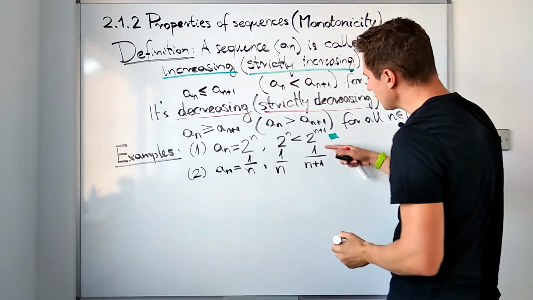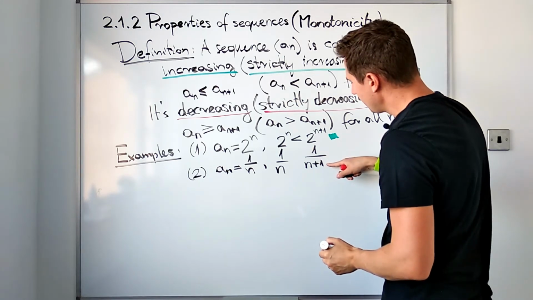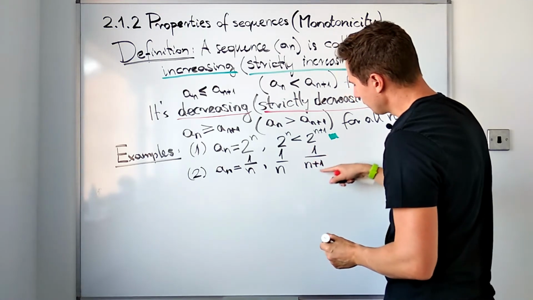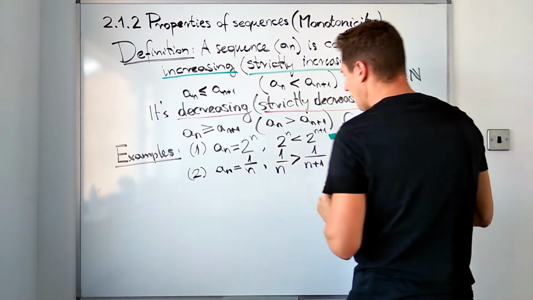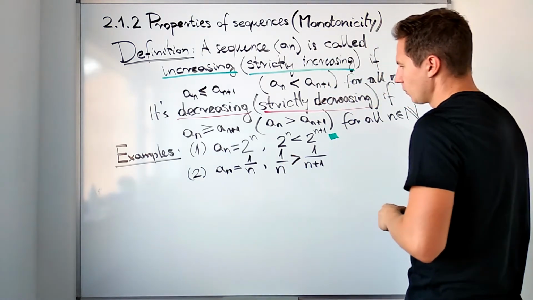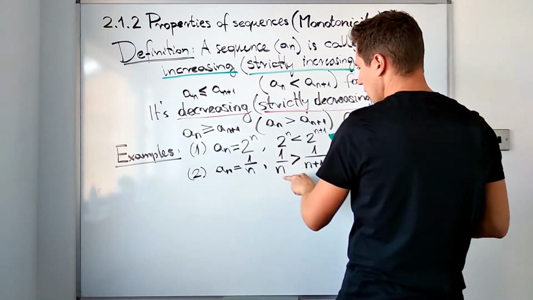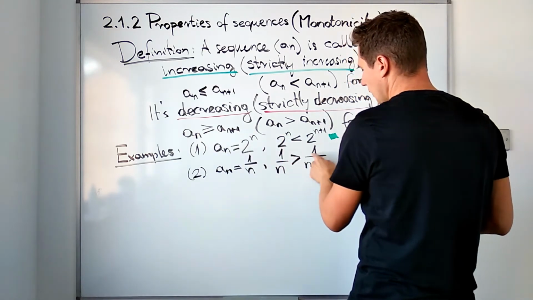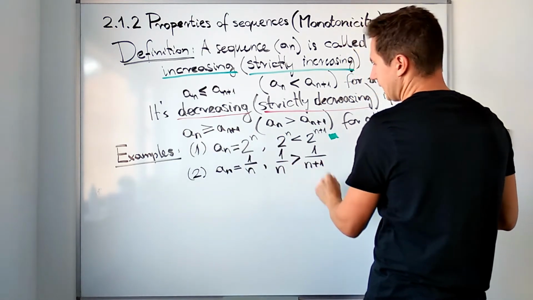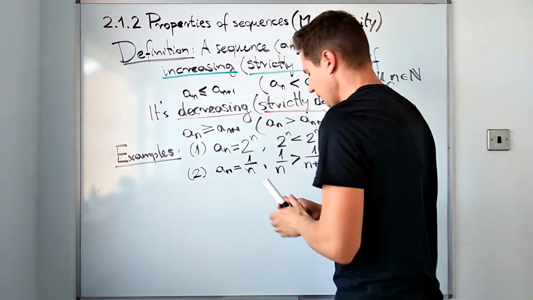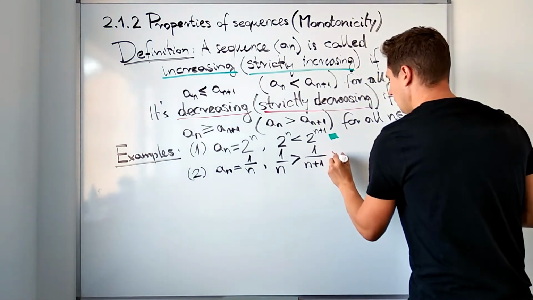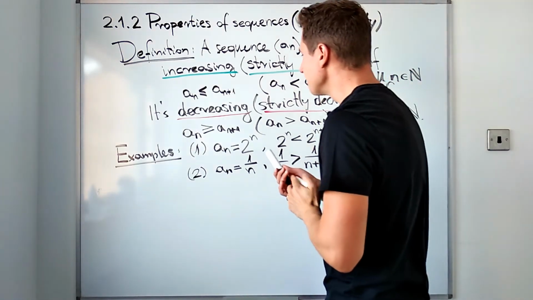Notice that we are dividing 1 by a greater number, which leads to a smaller result. So for each term in the sequence, the next one is strictly less. Both of these inequalities hold true, so it's decreasing and strictly decreasing.